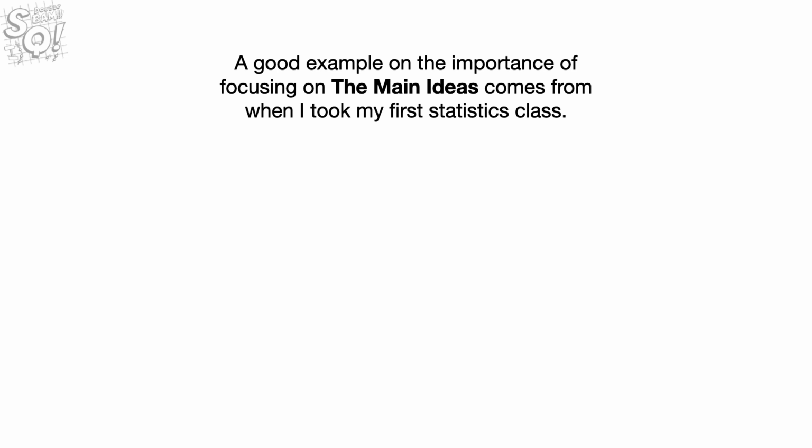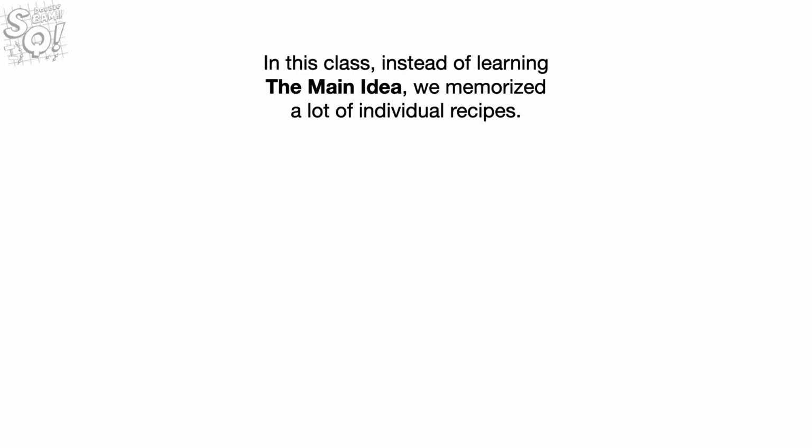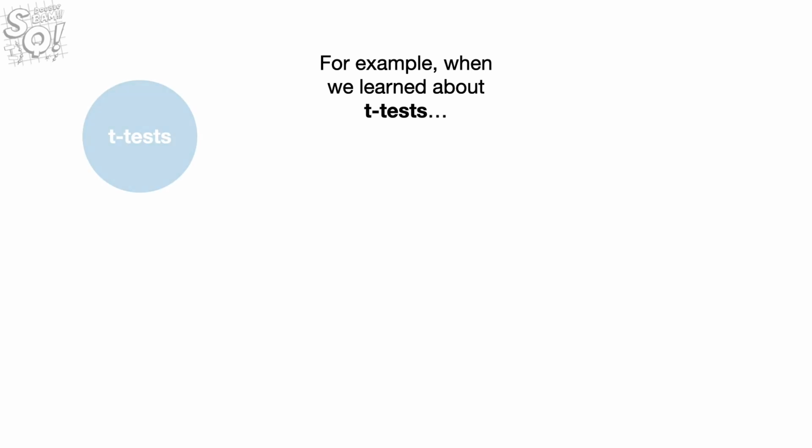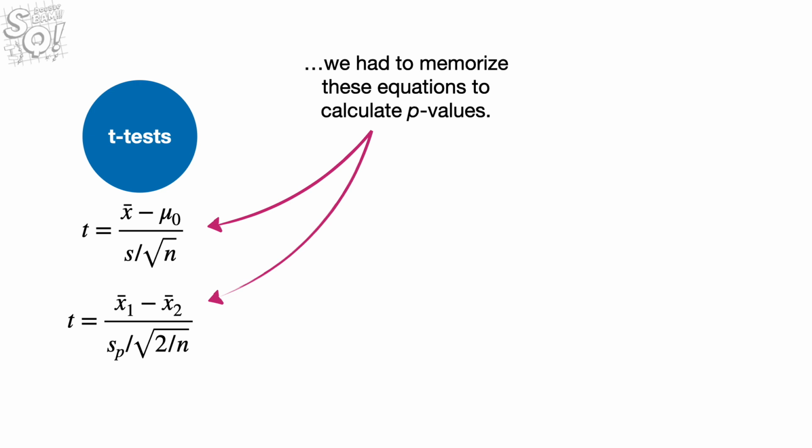A good example on the importance of focusing on the main ideas comes from when I took my first statistics class. In this class, instead of learning the main idea, we memorized a lot of individual recipes. For example, when we learned about t-tests, we had to memorize these equations to calculate p-values.